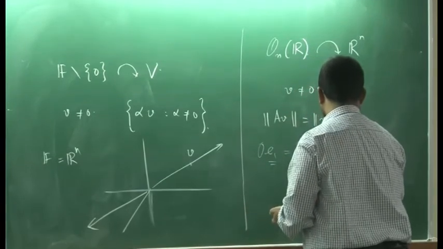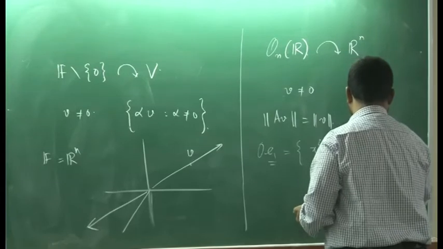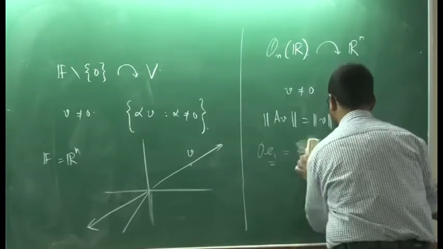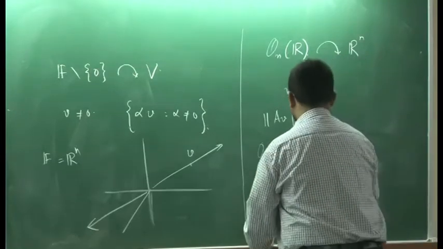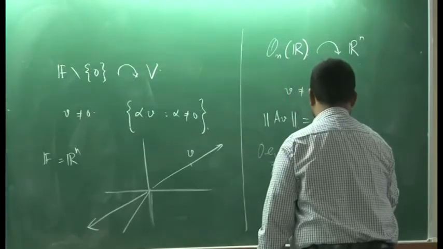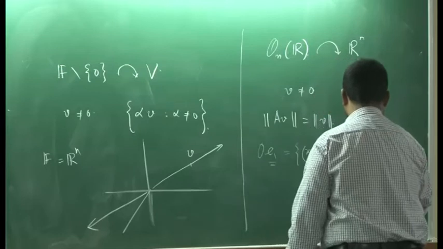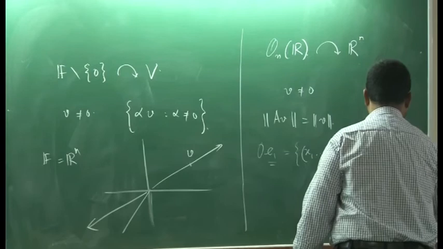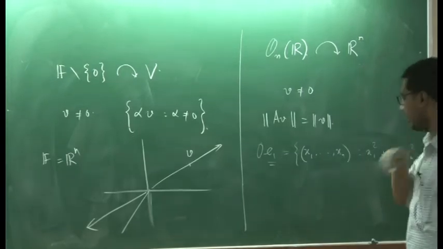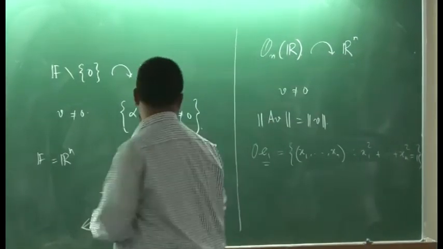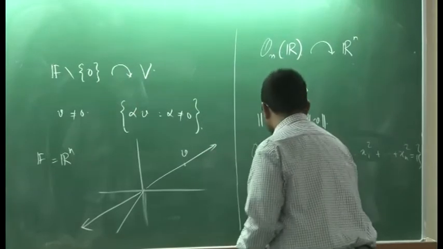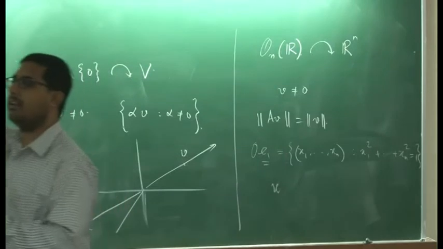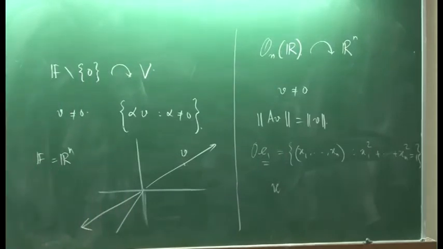x1 square up to xn square equal to 1, where x1 up to xn are such that this holds. You can immediately see this, because if U is any unit vector, then you can indeed extend that to some orthonormal basis of Rn.